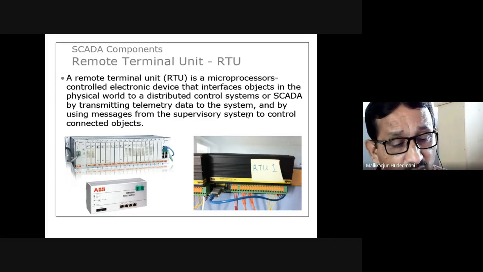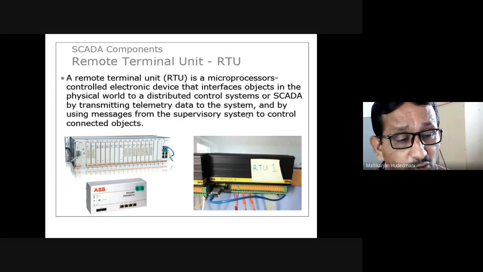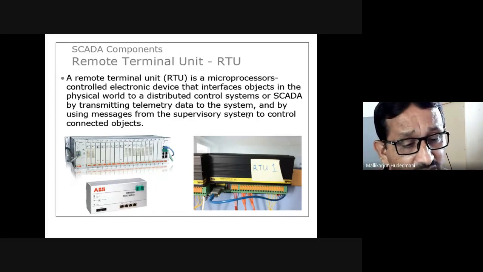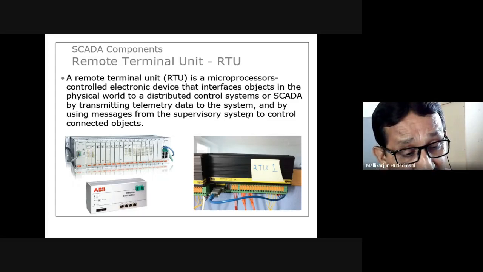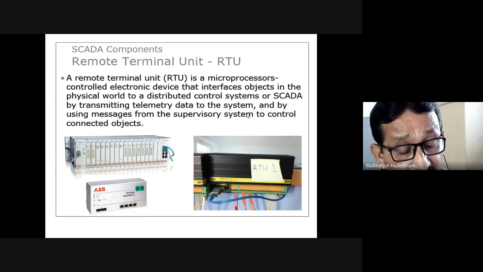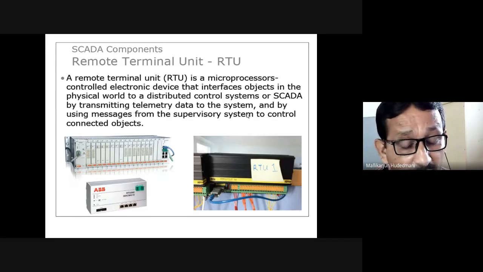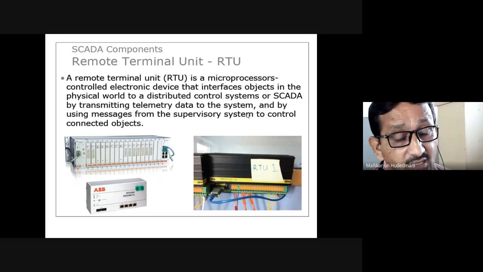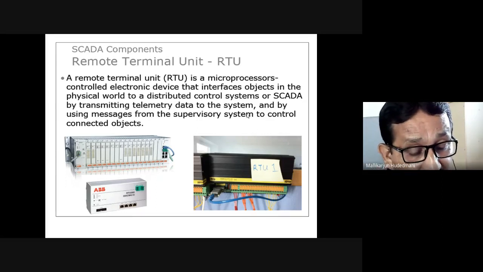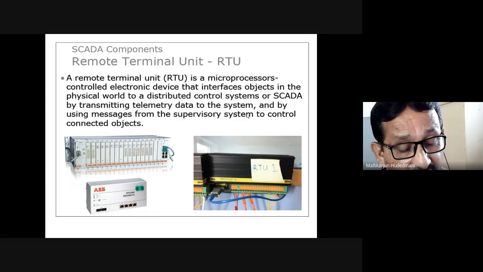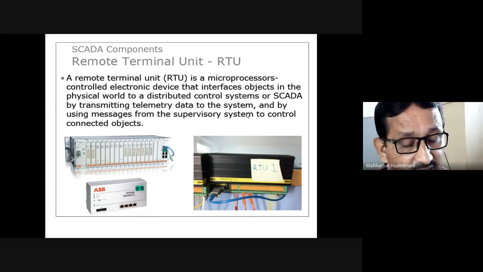As it is microprocessor based, I can say computer based, it is interfaced with a lot of electronic intelligent devices, which may be connected to a CT, to a potential transformer, or to status indicators of isolator, bus coupler, circuit breaker, transformer, generator, RPM and others, and the controlling mechanisms at the governor side.